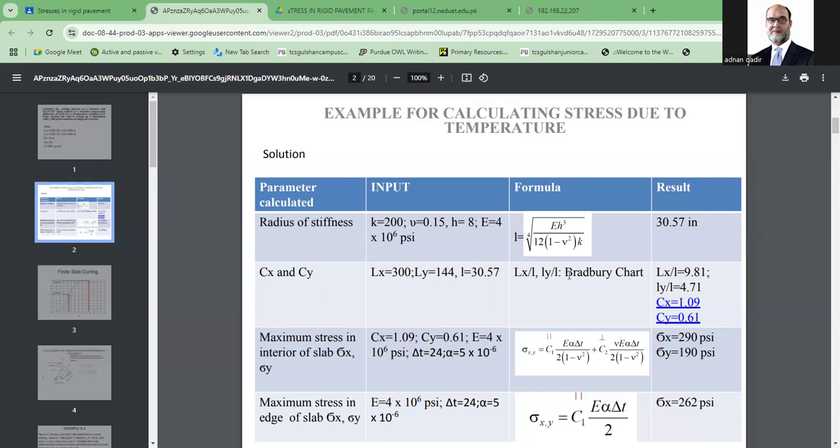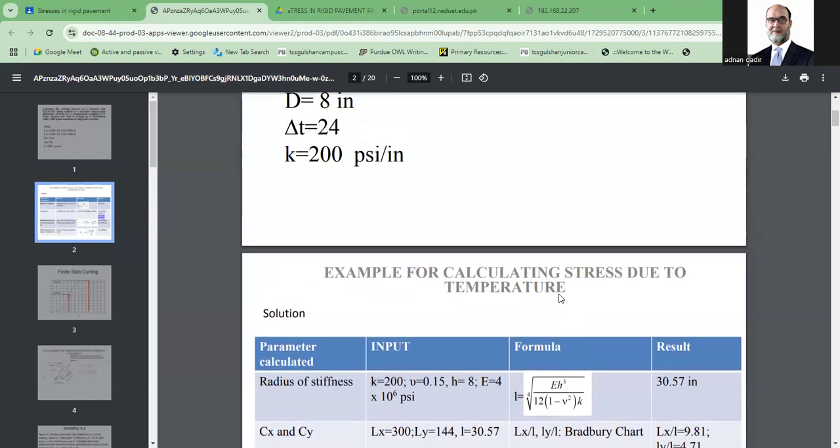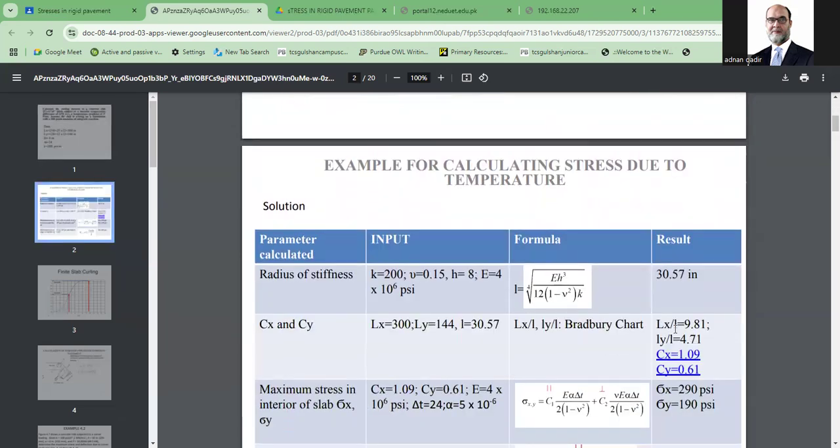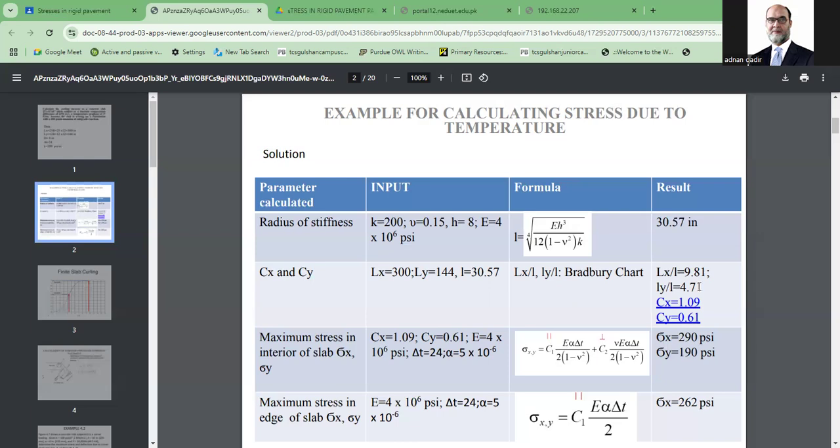In order to read that Bradbury chart, we have to calculate Lx over the radius of stiffness and Ly over the radius of stiffness. Since we already know that Lx was 300, we have divided 300 by 30.57. And Ly was 144, and 144 divided by 30.57 gives Ly over l.